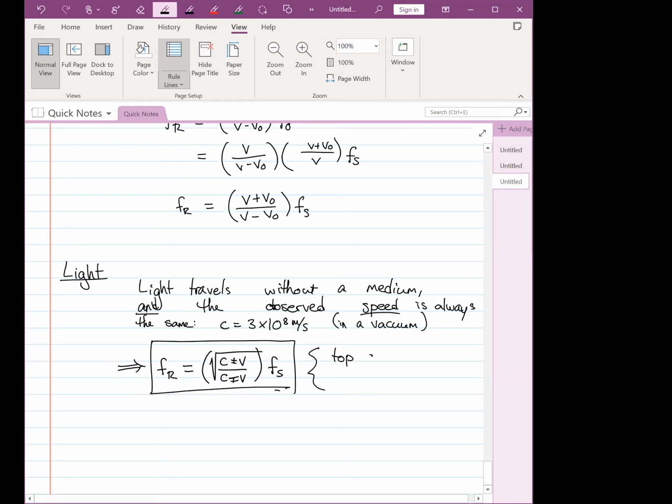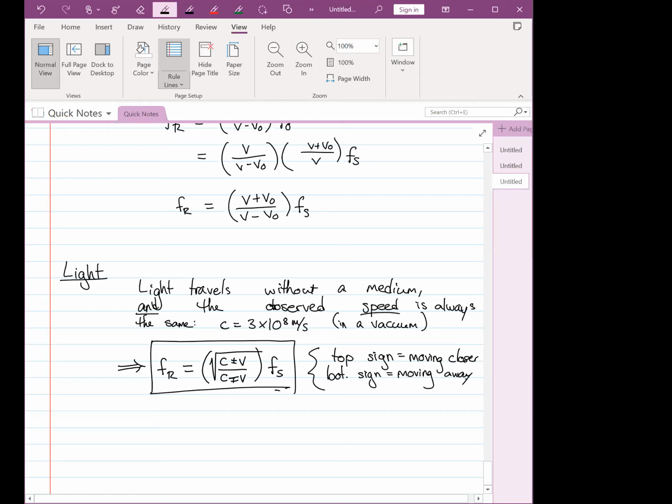The top sign is when the two objects are moving closer, and the bottom sign is when the two objects are moving away. And so we choose them in sync. If the two objects are moving closer, you choose the top sign in both cases. When the two objects are moving further away from each other, you choose the bottom sign in both cases.